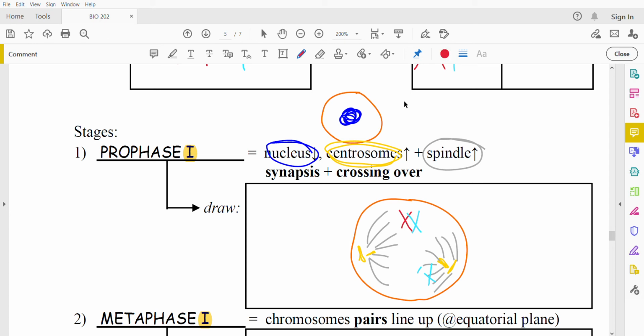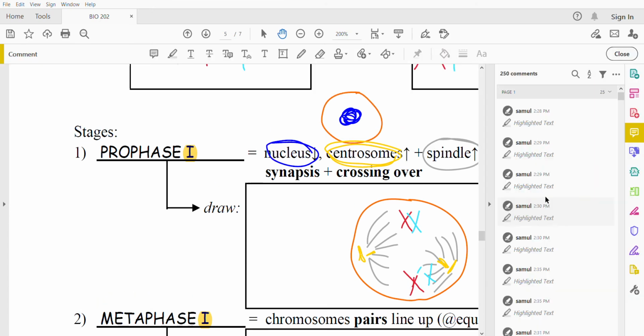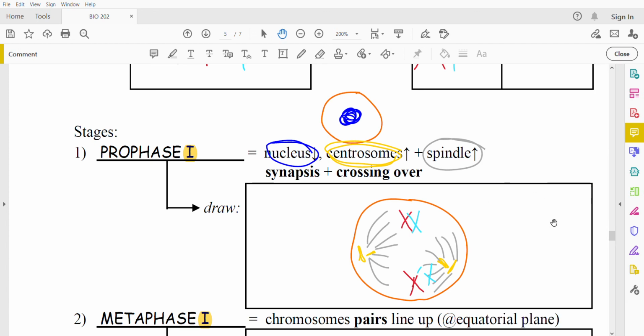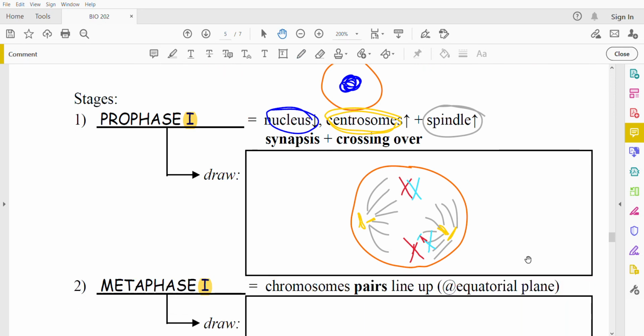And remember, this is going to be 2 chromosomes of the same. So we're going to be seeing that we're able to exchange these pieces between these 2. So there is both synapses and crossing over happening within the cell during prophase 1.